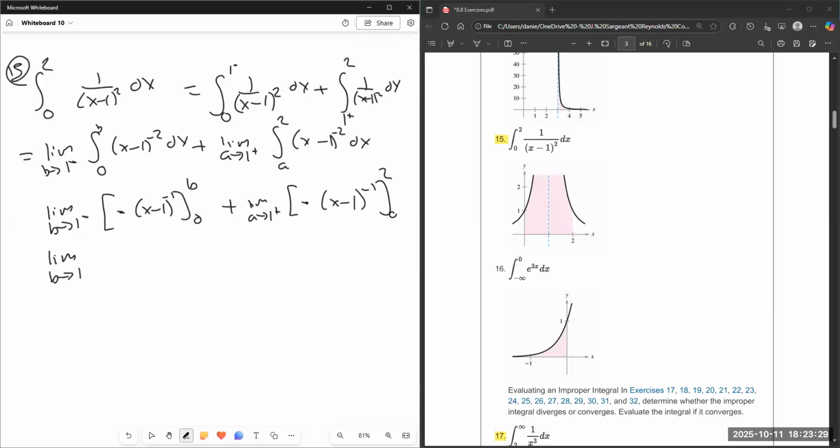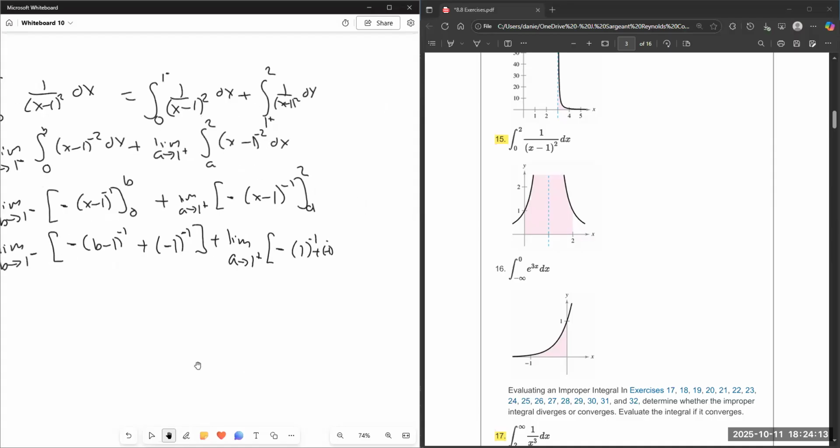Limit as b approaches 1 from the left of negative b minus 1 to the negative 1, plus negative 1 to the negative 1, plus limit as a goes to 1 from the right of negative 1 to the negative 1, plus a minus 1 to the negative 1.